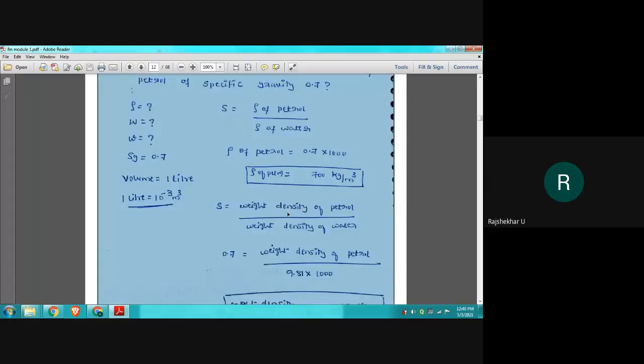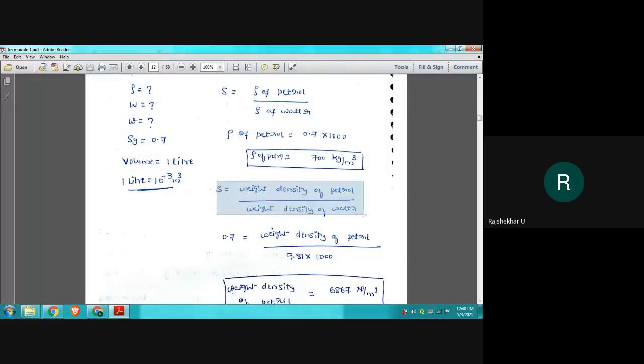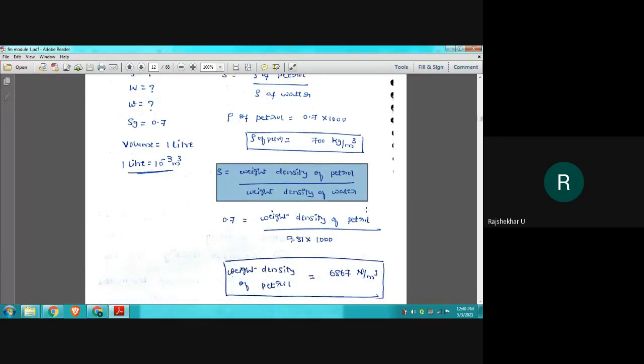Next, with the same definition, you can write specific gravity in terms of weight, or specific weight. So specific gravity is equal to weight density of petrol upon weight density of water. When I say weight, I have to multiply by 9.81. Mass is in kg.